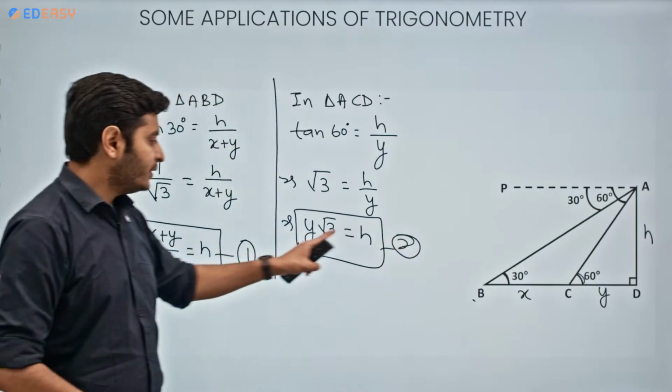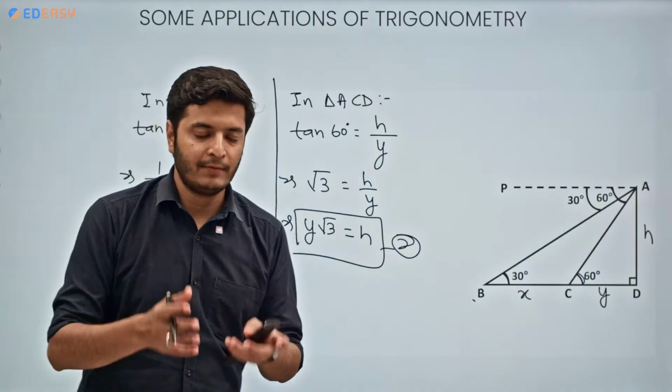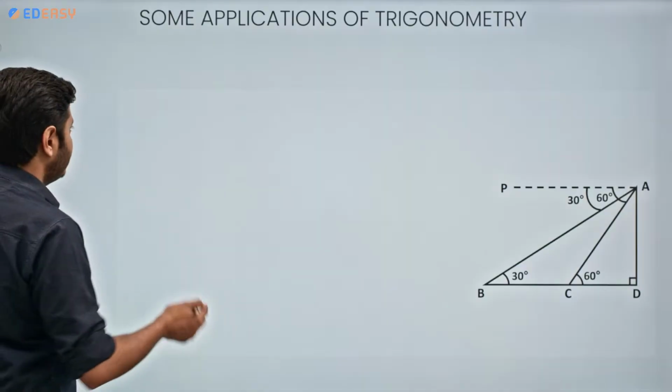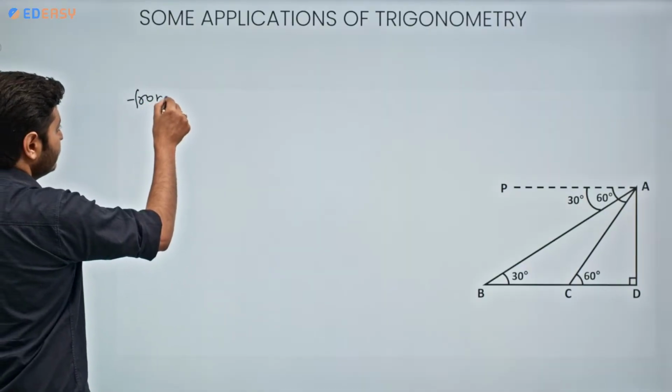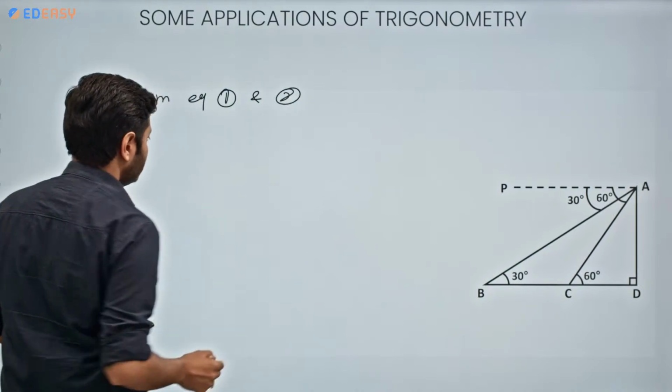From this equation and this equation, I can see that we have two values of H, so we can equate them. Next slide I will be using equations 1 and 2. So what are we having?